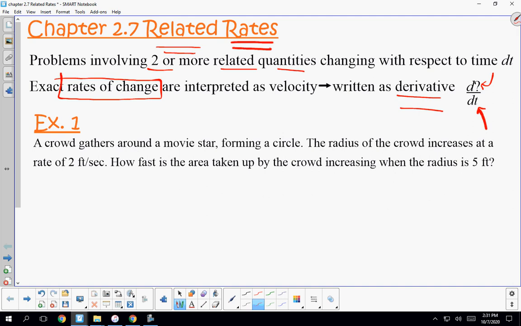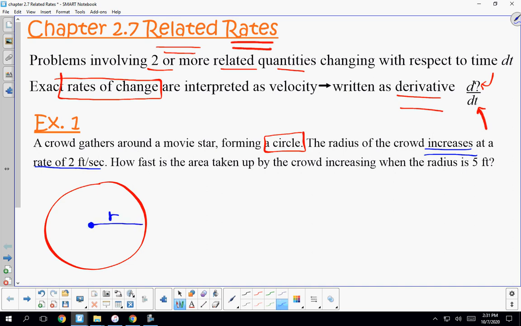So example 1, a crowd gathers around a movie star forming a circle. A picture in a lot of these problems is very helpful. The radius of the circle is increasing at a rate of 2 feet per second. So it's always changing. So I want to identify here a variable because it's not a constant value, it's a changing value.